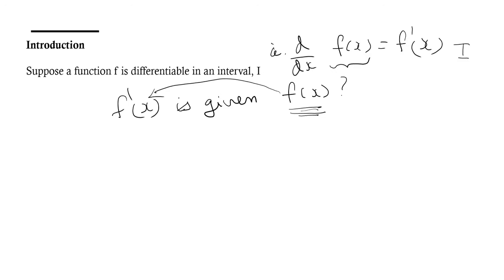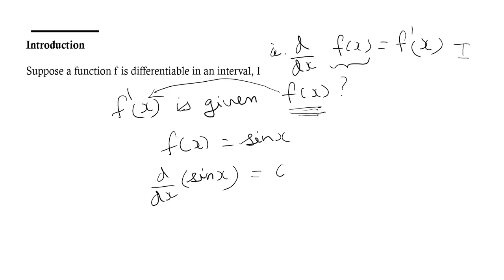Now let us take an example. Let's suppose f of x is equal to sin x. We know that the derivative of sin x is cos x. On the other hand, suppose we are given f dash of x is equal to cos x and we are asked to find f of x.